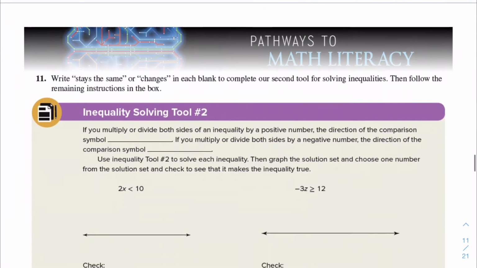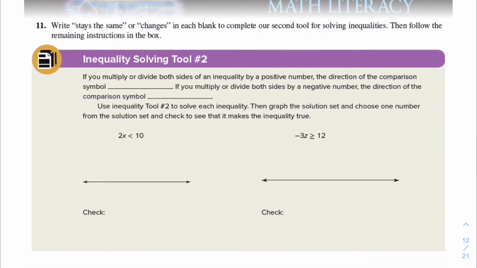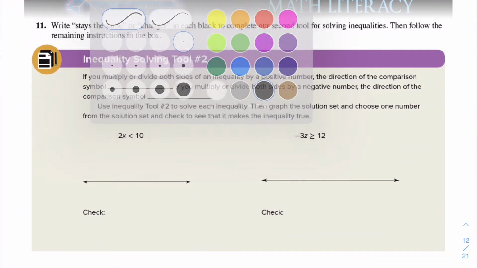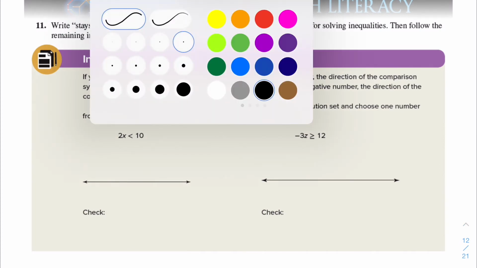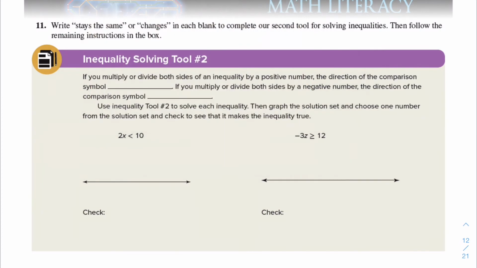So this is our second tool. When you have a negative number, you're going to have to flip the sign. If you multiply both sides by a positive, it's not going to change. So if you multiply or divide both sides of an inequality by a positive number, the direction of the comparison symbol stays the same.